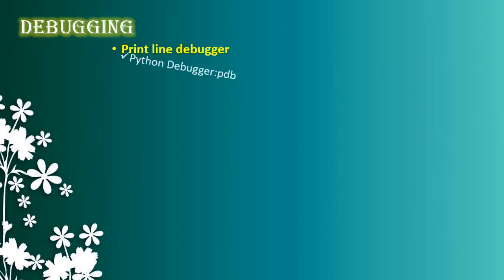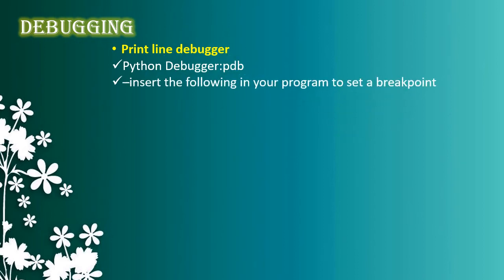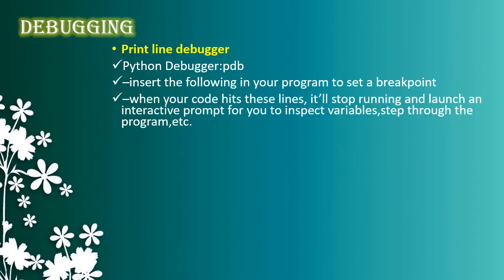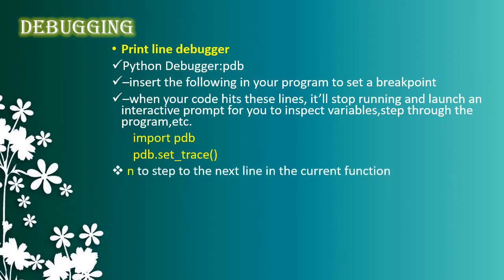And then, if you want to use the pdb debugger, we have to import the package pdb, and set the breakpoint. See here an example for that. Import pdb and call the set_trace function, pdb.set_trace.